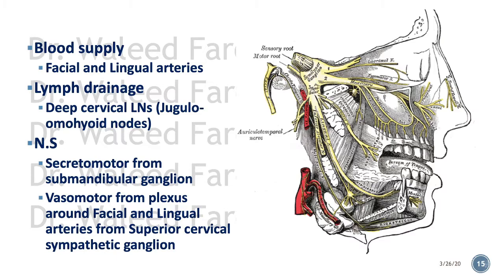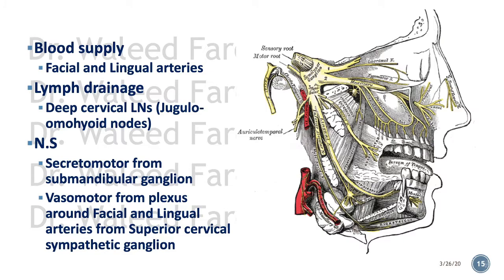This gland receives direct secretomotor branches that stimulate secretion. Of course, it's parasympathetic and from the submandibular ganglion, and receives vasomotor, that's sympathetic plexus around the facial and lingual, derived from the superior cervical sympathetic ganglion.